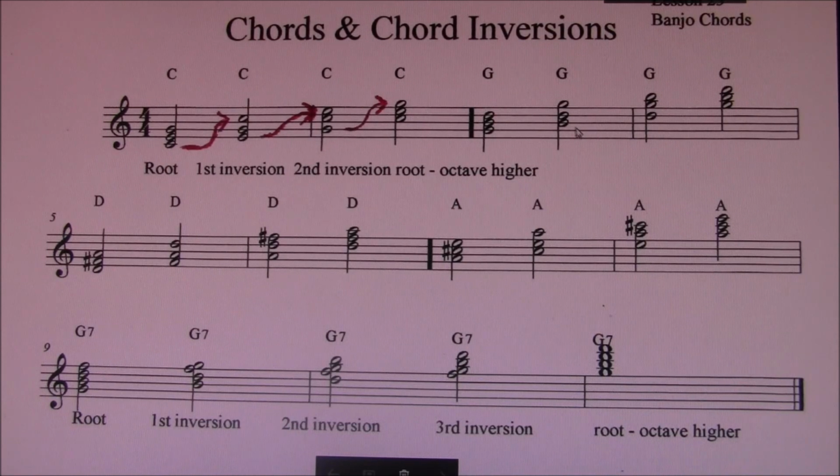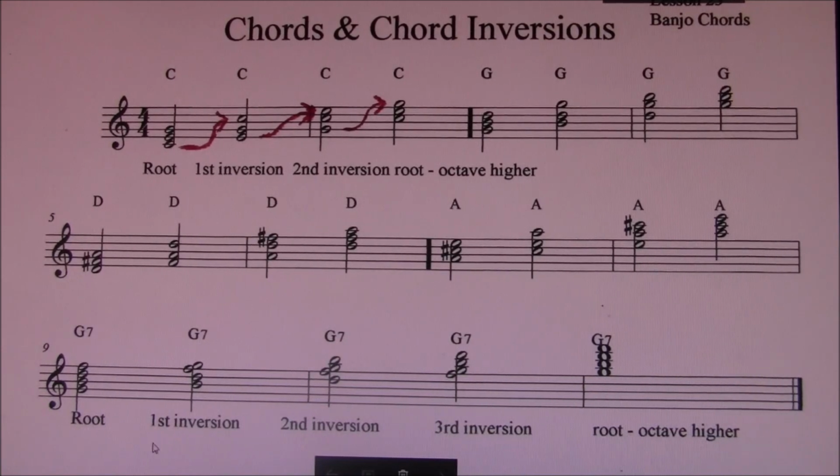So here we've moved the G chord into the different inversions. Here I've done the D chord, which you will need for Red River Valley. And here I've done the A chord. So you've got an A, a C sharp, and an E. And here, this is a different thing. This is the G7 chord.